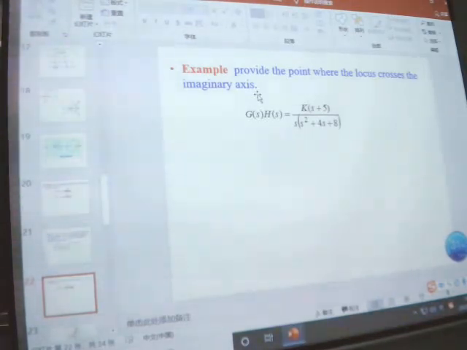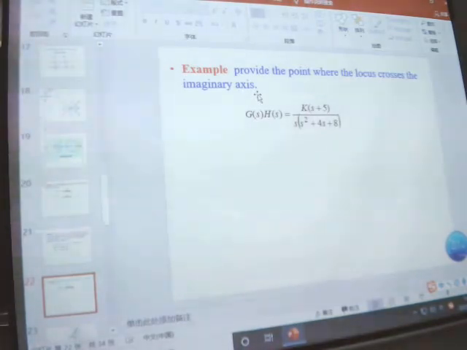Then solve the two equations. We can get this value. So we find 1 plus GsHs is equal to 0.